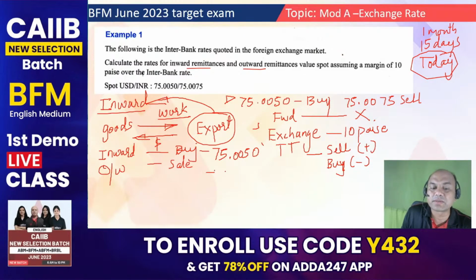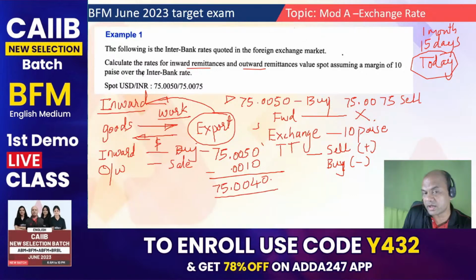Always take it from the right side: 0.0010. So it will be 75.0040. This is my buy rate. Always remember, whenever you take the currency rates, take it from the rightmost side.